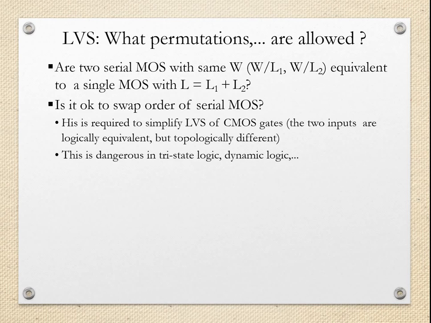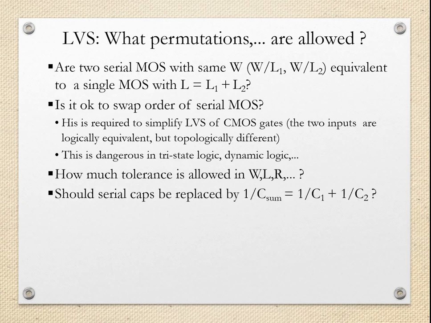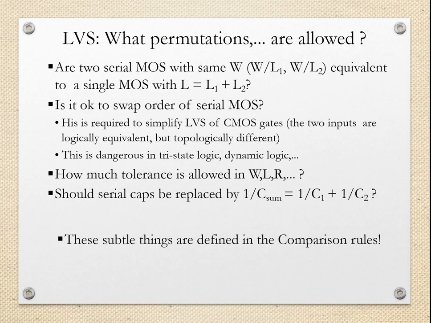The 2 inputs are logically equivalent but topologically different. So this is dangerous in tri-state logic or dynamic logic. Then how much tolerance is allowed in W, L and R? Should the serial capacitors be replaced by 1 by C sum equal to 1 by C1 plus 1 by C2? So these subtle things are defined in the comparison rules.